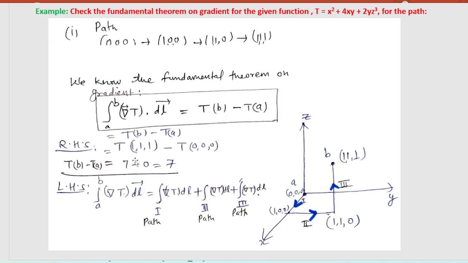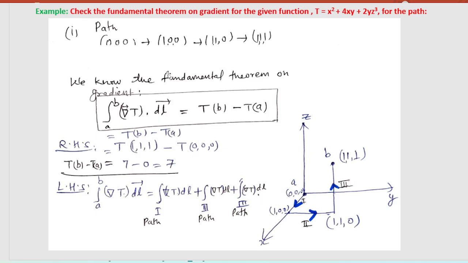So if we put x equal to 1, y equal to 1, and z equal to 1, it will be 1 plus 4 plus 2, which is 7, minus, when we put x, y, z as 0,0,0, it will be 0. The right hand side is 7.